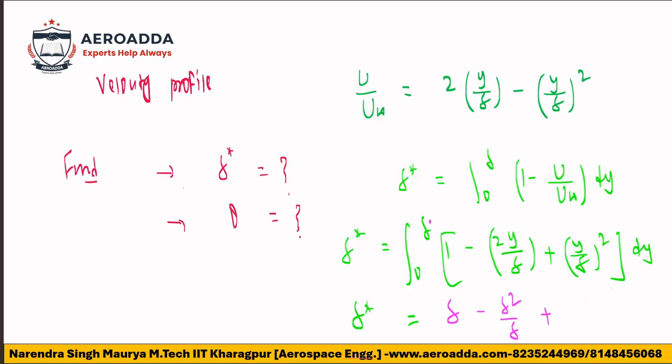So y cube with the limits gives delta cube divided by 3 delta square. Delta minus delta cancel out, you get delta cube by 3 delta square. So one delta will be there.